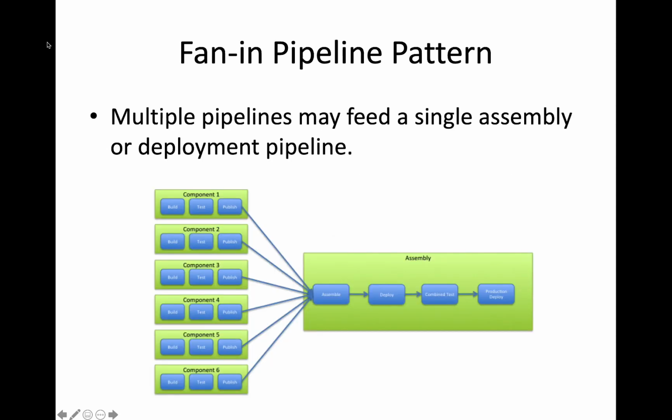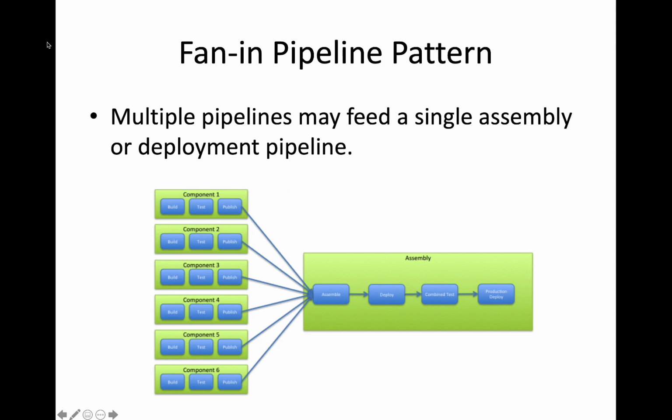One other thing I want to mention in this section of the lecture is that oftentimes when we are building software components using these pipelines, we'll leverage some sort of fan-in pipeline pattern. The idea here is that we might have a larger platform that we're building, and that platform consists of a number of smaller components. These could be smaller services.